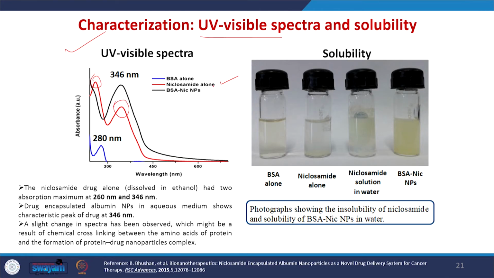And once this niclosamide drug is encapsulated into the BSA nanoparticles, you can see the peak at 346 nanometer for the drug loaded BSA nanoparticle. The slight change in the spectra is due to the cross linking between the amino acids of protein and the formation of protein drug nanoparticle complex. And from this picture, we can understand the insolubility of niclosamide in water and solubility of BSA niclosamide nanoparticles in water.